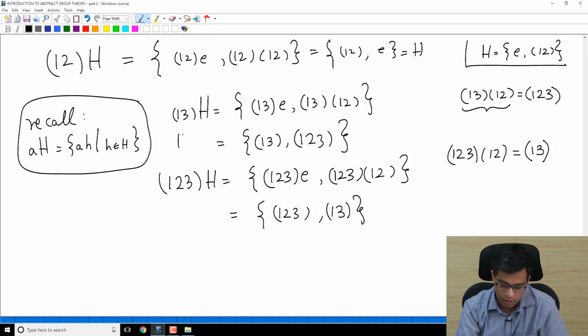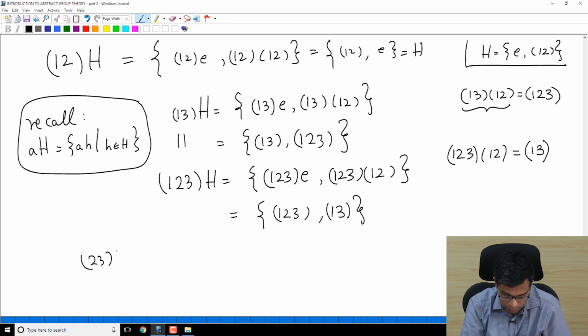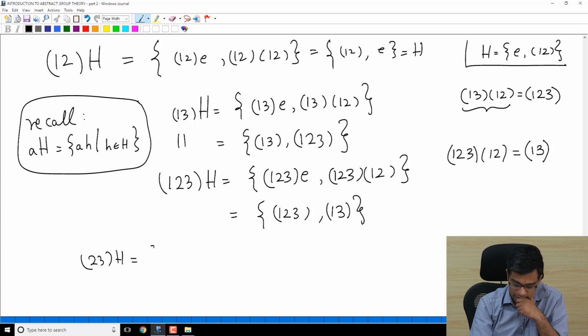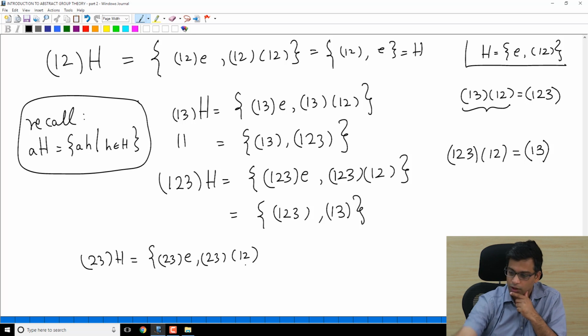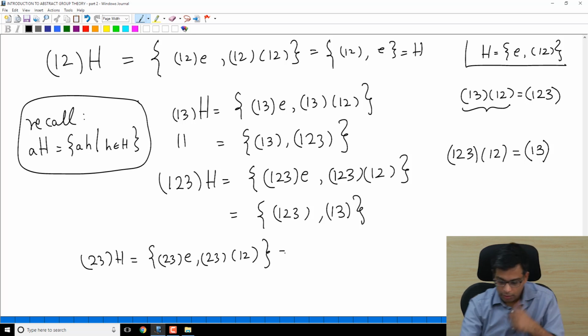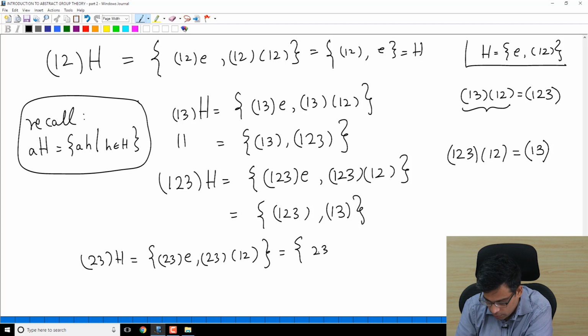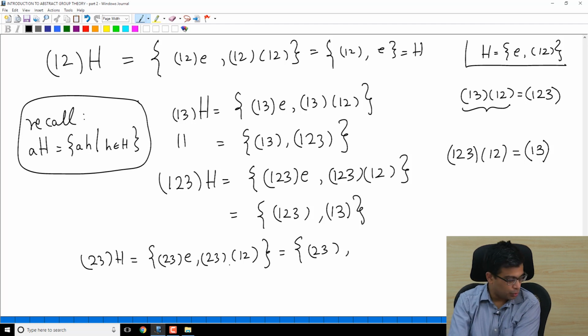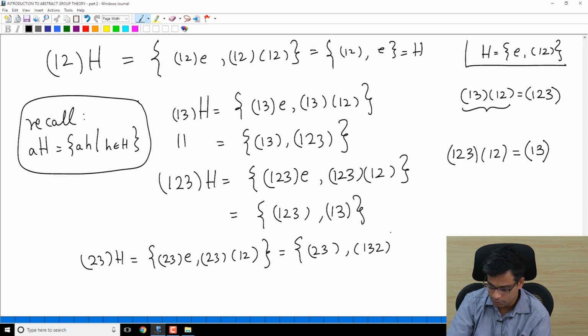Similarly, we have to compute, let's say, (2 3) times H. This is (2 3) times E and (2 3) times (1 2), because H is {E, (1 2)}. And (2 3) times E is (2 3), and (2 3) times (1 2), I will let you calculate using the same procedure. It will give you (1 3 2).